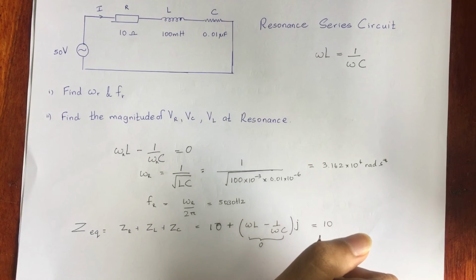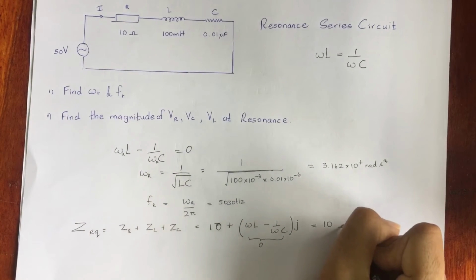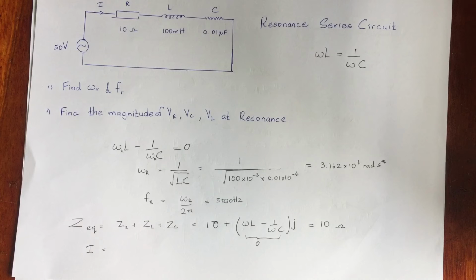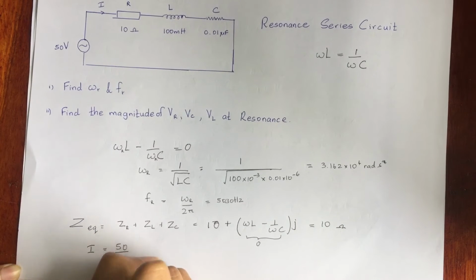So our question is going to be very simple. If we know the value of Z, we can figure out the current using Ohm's equation, V is equal to IZ. From that, I is equal to V over Z, which is 50 over 10.